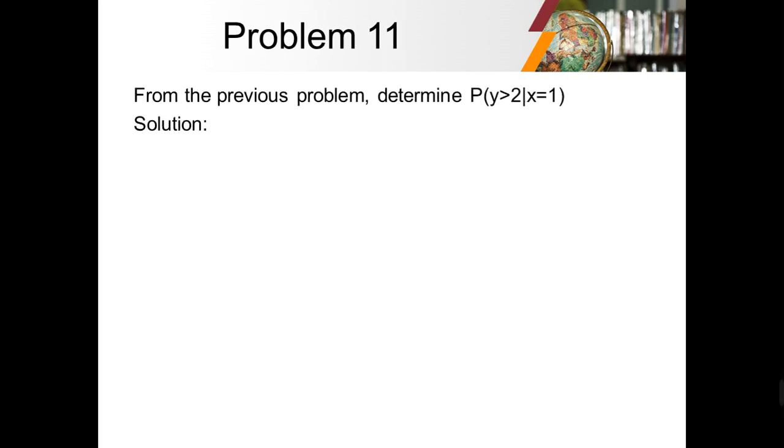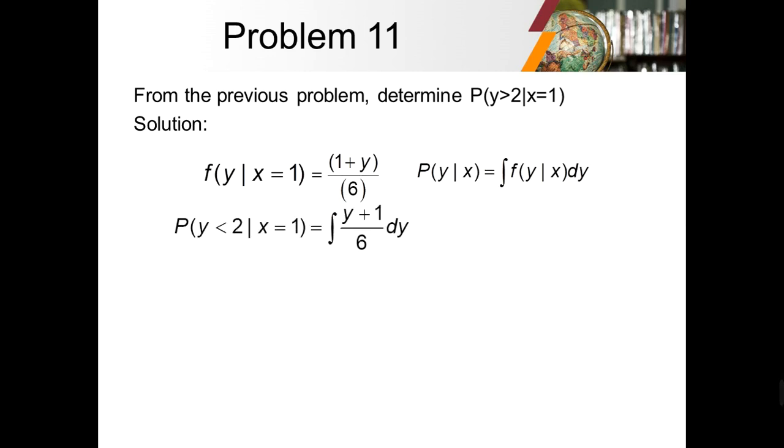Okay? So, this is still our given, what we solved in problem number 9. Our probability function, or probability distribution, of y given x is equal to 1 is (1 plus y) over 6. Okay? So, to get the probability for a definite value of y given a definite value of x, that is simply equal to the integral of the function in terms of y.